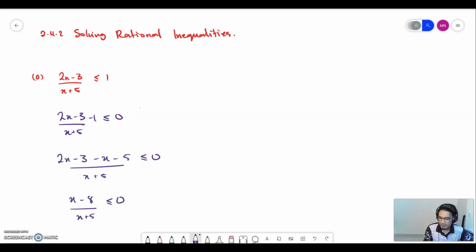So we have come to the point where the inequality has been simplified. From it we know x + 1 cannot be equal to 0, so x cannot be equal to -1. Now we have x - 4 in the numerator and x + 1 in the denominator.